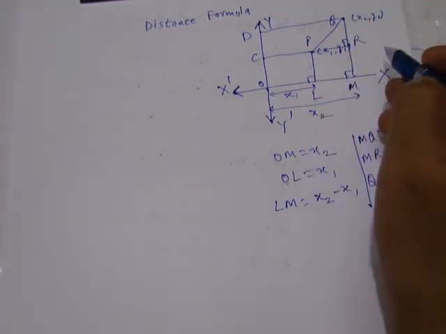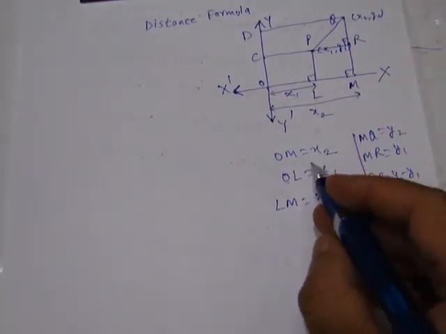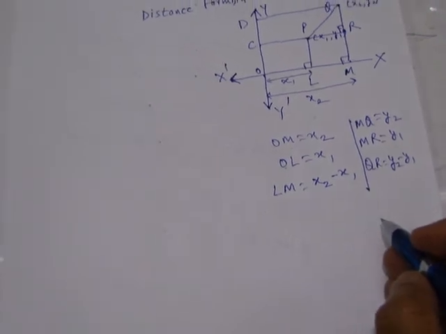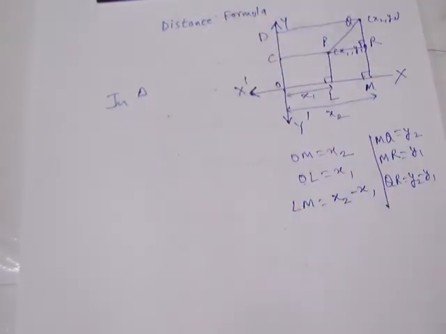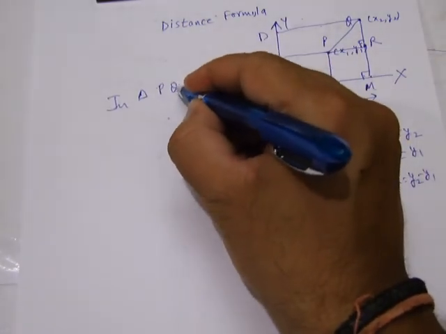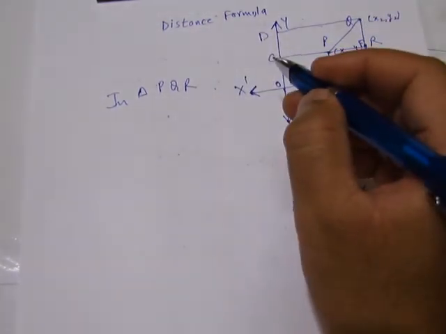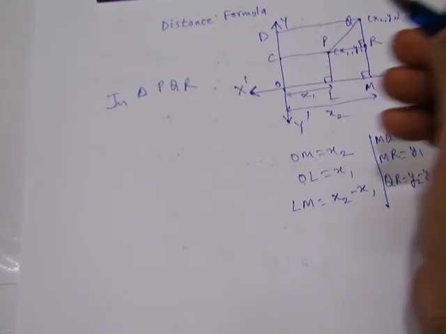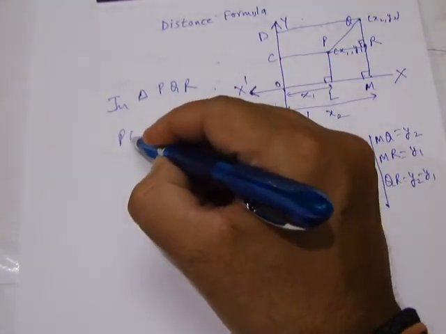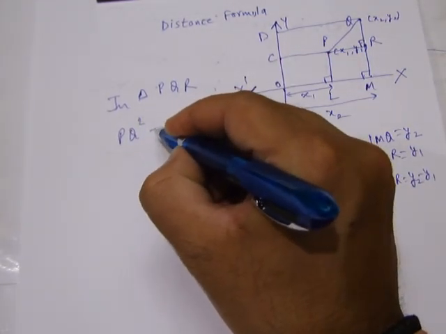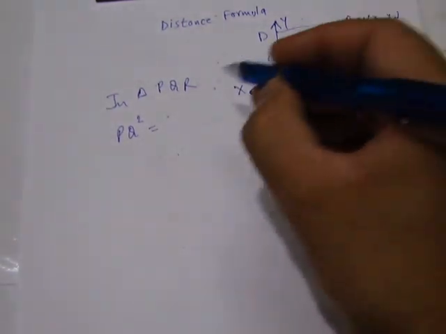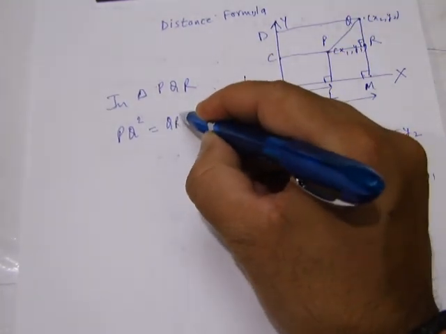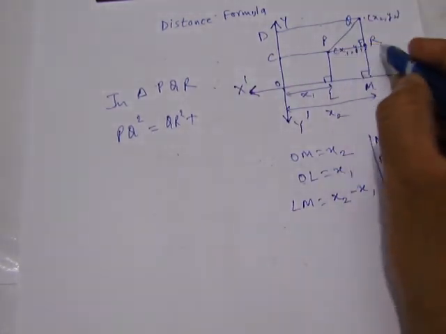So in triangle PQR, if you apply the Pythagoras theorem, that is hypotenuse square is equal to perpendicular square plus base square.